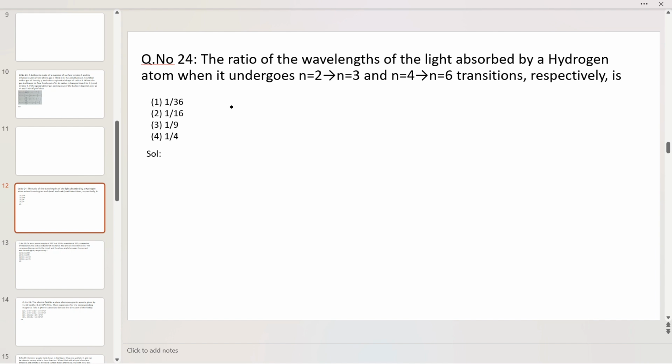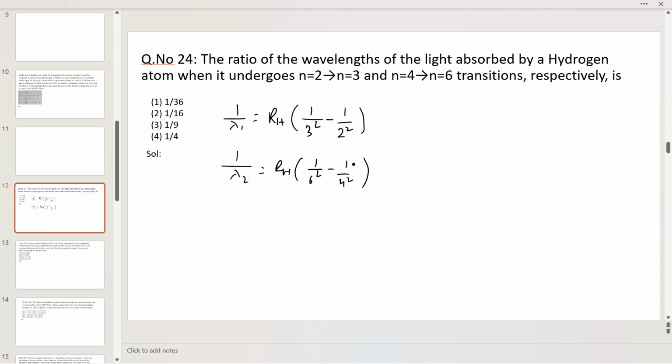We are going to use this formula: 1 by lambda 1 equals RH, the Rydberg constant, bracket 1 by 2 square minus 1 by 3 square, and 1 by lambda 2 equals RH, the Rydberg constant, bracket 1 by 4 square minus 1 by 6 square.